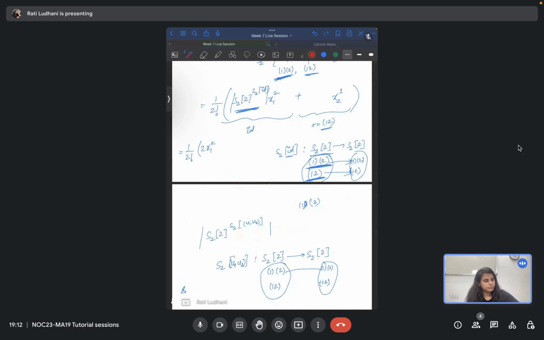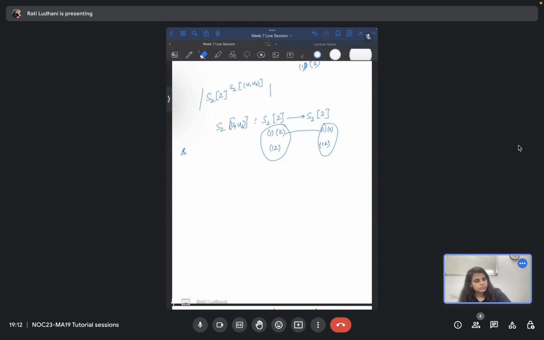So for example, S is your 1 2, and sigma is U1 U2. Now this is mapping to S of U1, S of U2. If this stays the same, then we are done. So S of U1 is what right now?